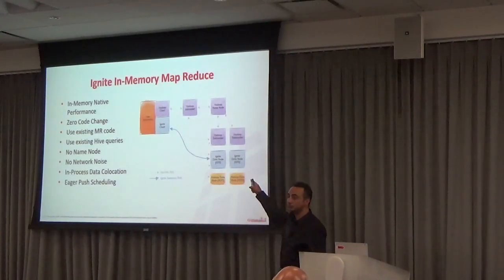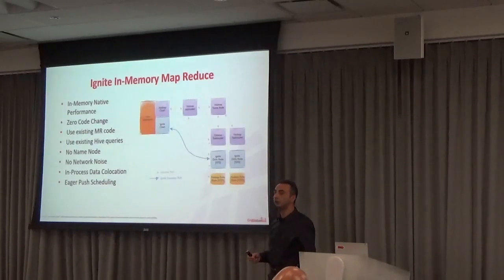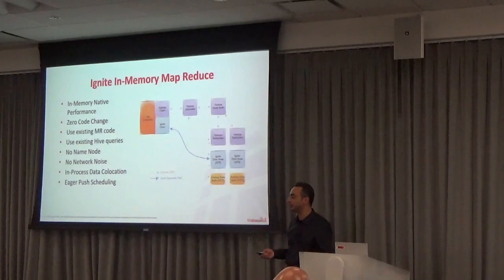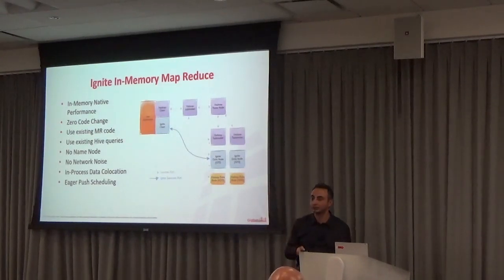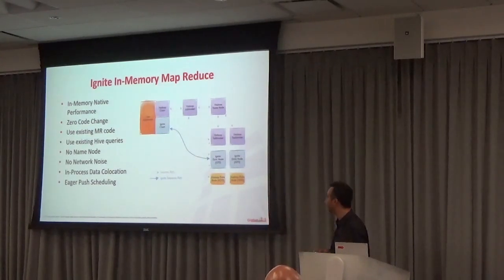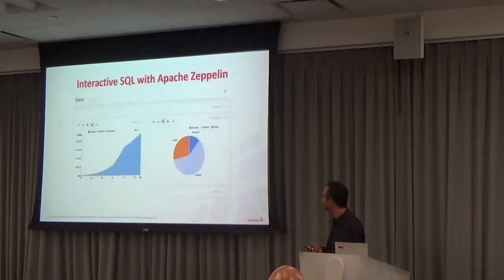We don't have a name node. In the data grid, we always know which key or file block belongs to which node, based on a hashing function. We don't need to access a name node to find the location of the key, so we don't have that overhead either. So this type of execution is very fast.